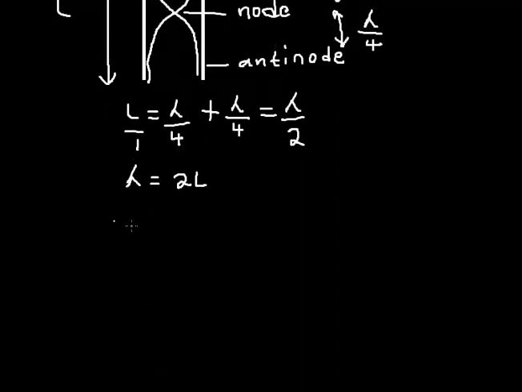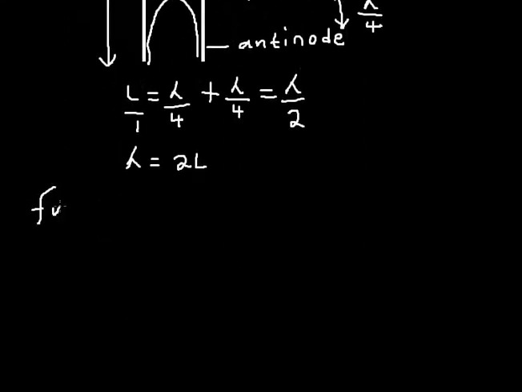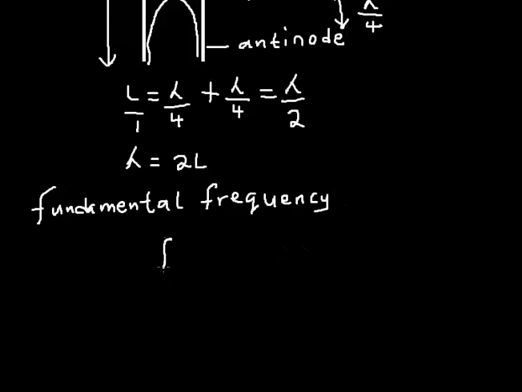Having done that, the frequency of an open pipe, the very first frequency, known as the fundamental frequency, which we represent with F0, is given by the velocity V over the wavelength, that is V over 2L. So please take note of that.